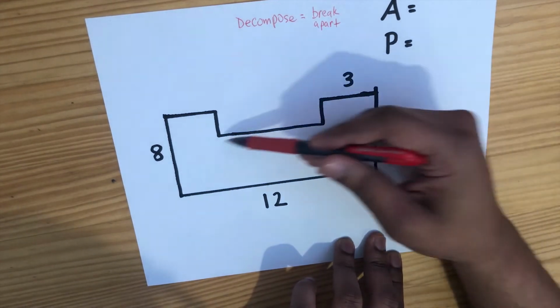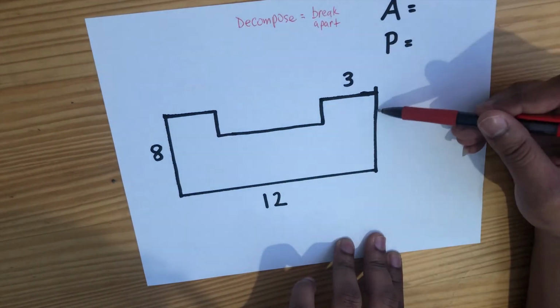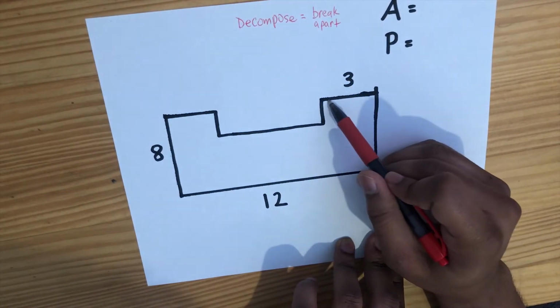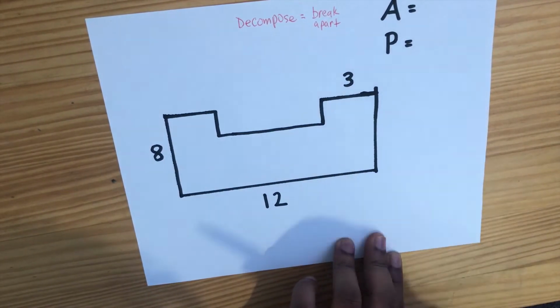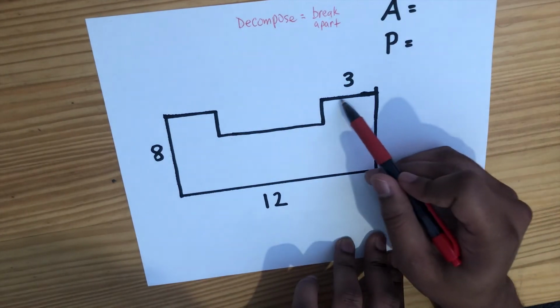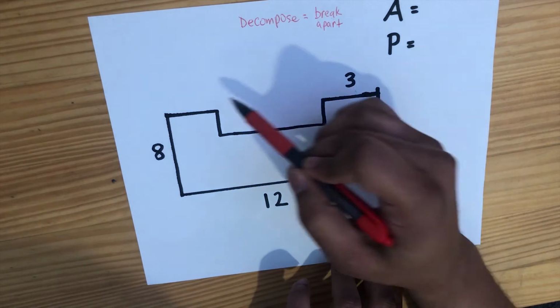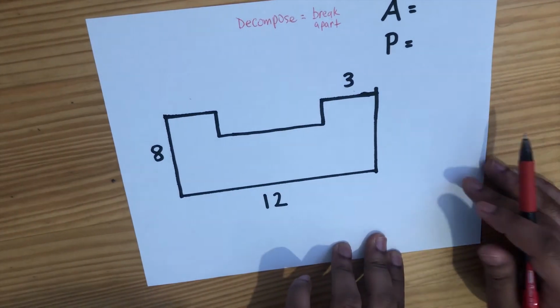This side here. So if this side is 8, this side's probably 8 as well. This side here has a value of 3. That means this line that looks like that also probably has a value of 3. We're going to move on and so forth.